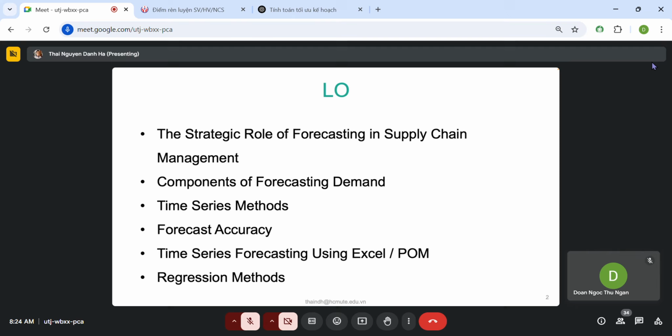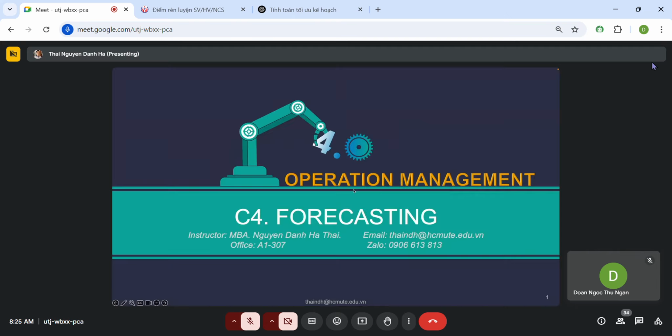The other one is forecast accuracy: how can we control and manage the forecasting of the company? And later, in the last part of the chapter, we are going to use Excel or QM software to solve the forecasting. And finally, the regression method.